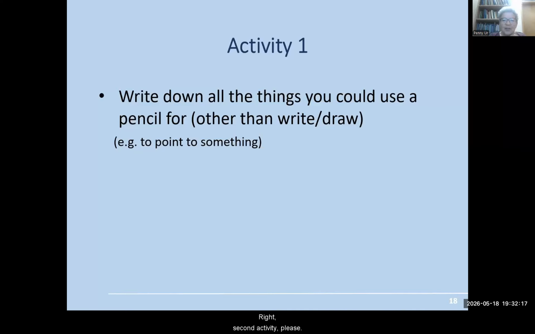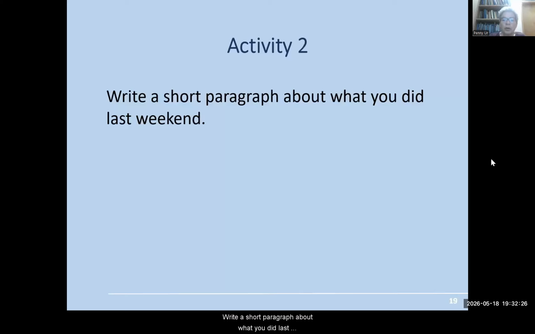Right. Second activity, please. And again, a minute and a half, 2 minutes to do it. Write a short paragraph about what you did last weekend. Starting now.